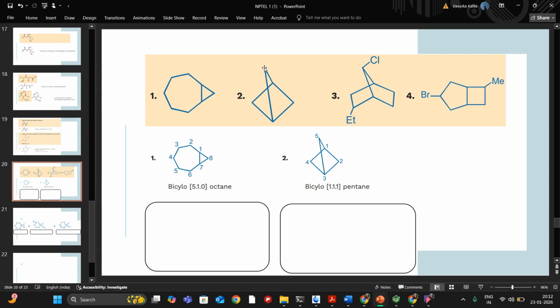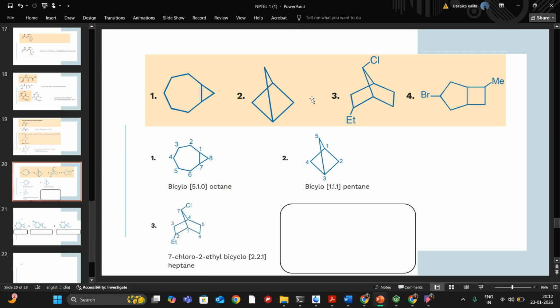So, in the next example, we have two substituents present in the bicyclic rings. While naming the substituents in the ring, we will follow again the alphabetical order. So the C of chloro will come first, which will be followed by the E of the ethyl substituent.